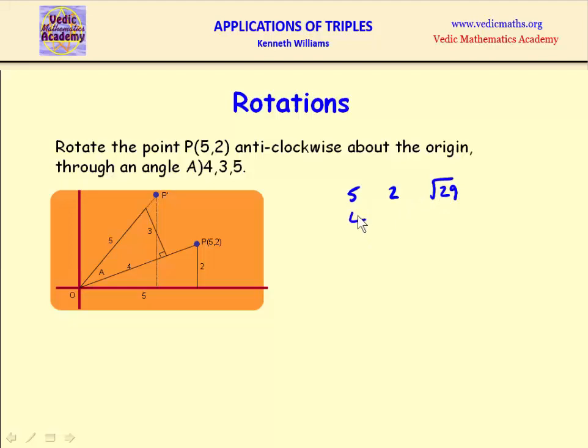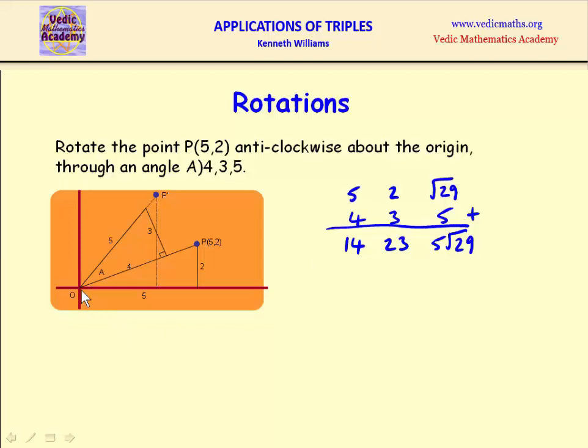And then the rotation triple is 4, 3, 5. We add those. So we have 20 minus 6 is 14, and 8 plus 15 is 23. And then here we have 5 root 29.